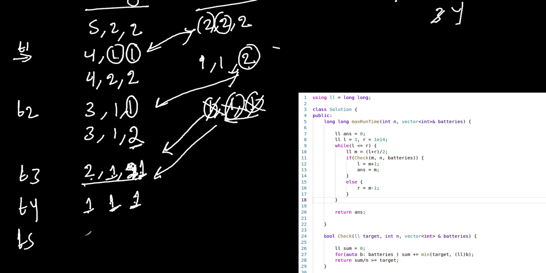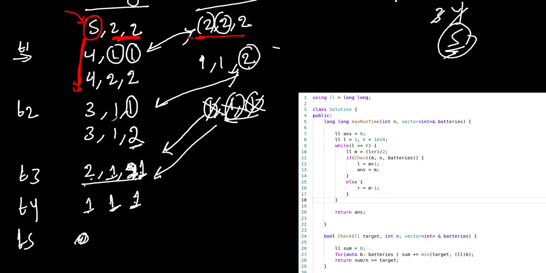Time 5, 0, but we don't push 0, 0, 0, and the answer is 5, which is the last answer. So notice here the pattern is this max value 5 is reducing, and the other 2 batteries with these 3 are compensating while this is going down, and every minute in these batteries is being used.